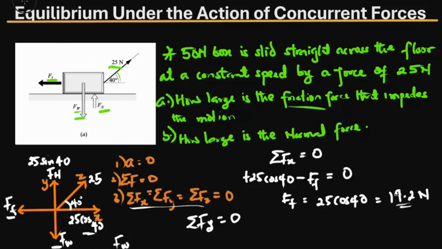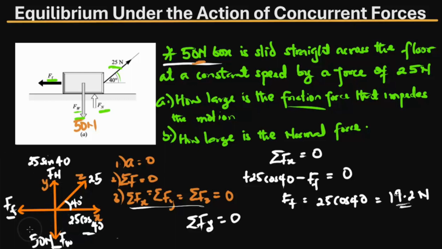Now what is the weight? The weight has been given in the question. The question says a 50 Newton box, so the weight of the box acts downwards at 50 Newton.